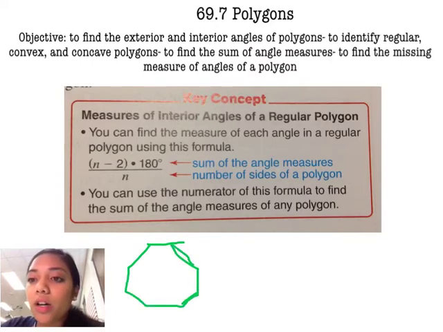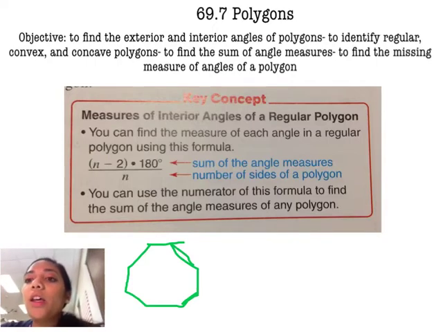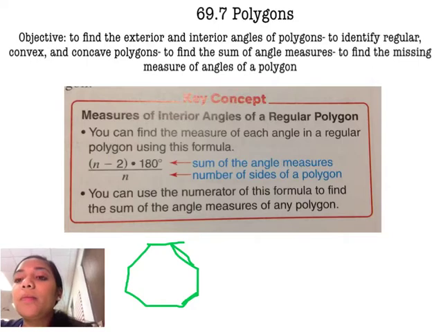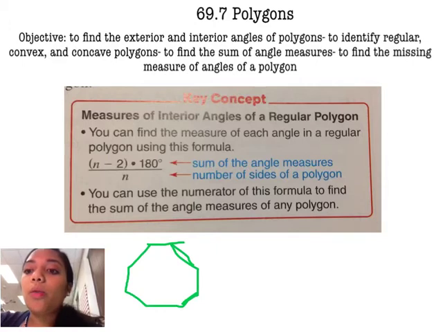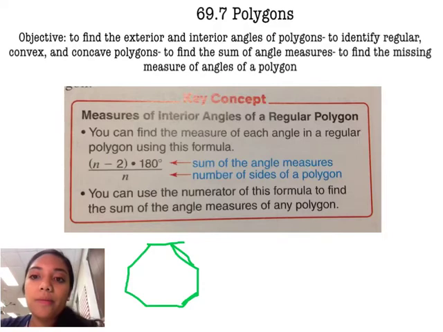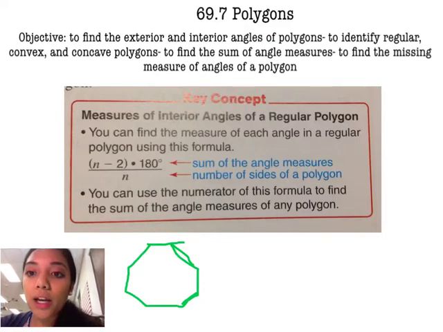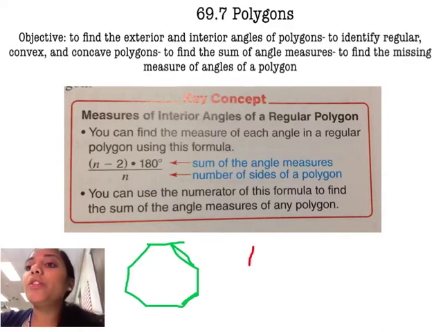So here's an octagon. 1, 2, 3, 4, 5, 6, 7, 8. If we were looking for the angle measures of an octagon, there's not a set amount of degrees we know. But we do know how many degrees are in a triangle.